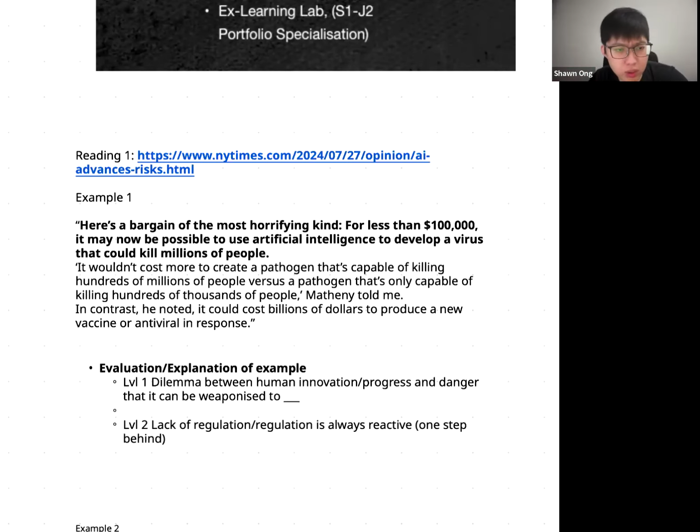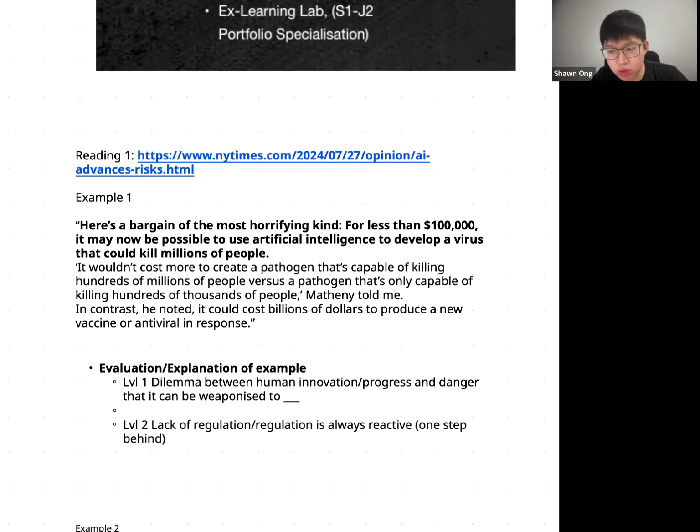So the first way you want to evaluate this example in your essay is talking about the neutrality of these technologies, and that if we want to push society forward and innovate, we are also open to the risk of it being weaponized.